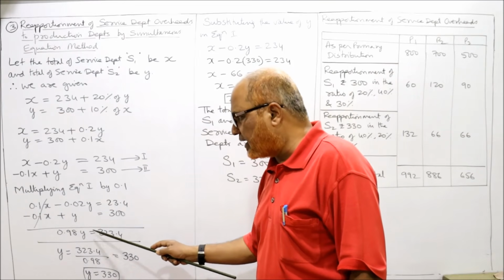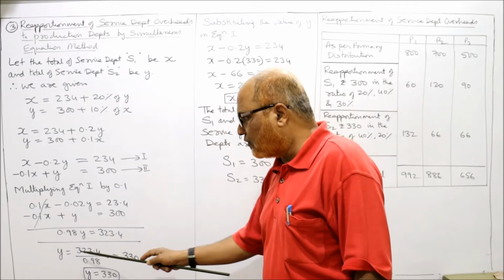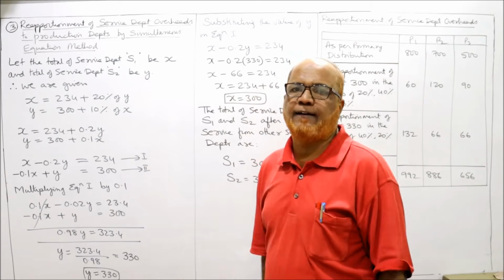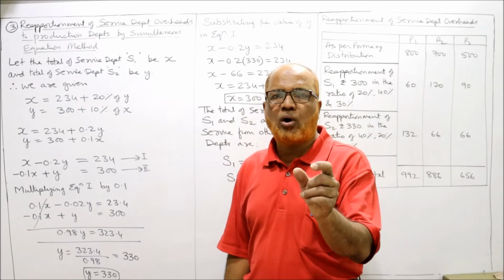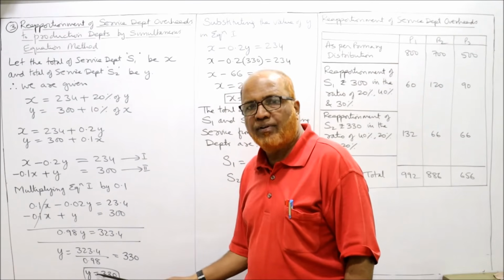So 0.98 y is equal to 300 plus 23.4, 323.4. So y is equal to 323.4 divided by 0.98, you will get 330. So we got the total of service department S2. S2 is y. We got 330.